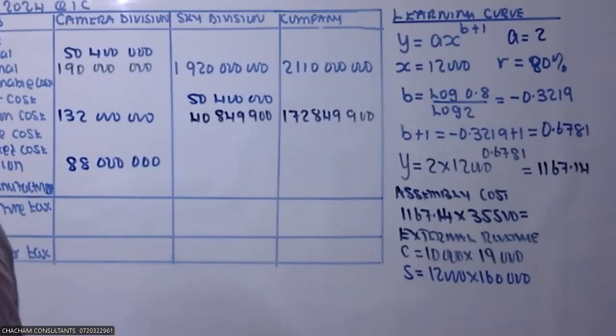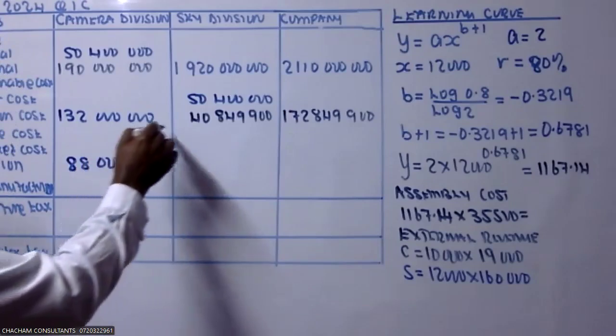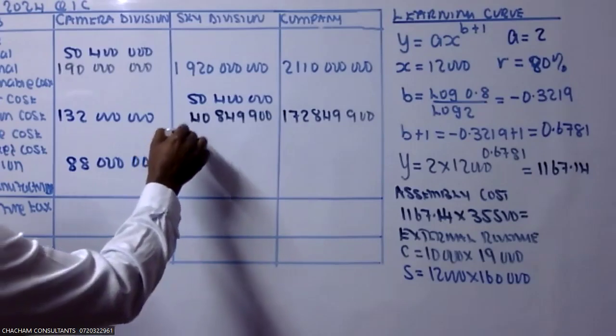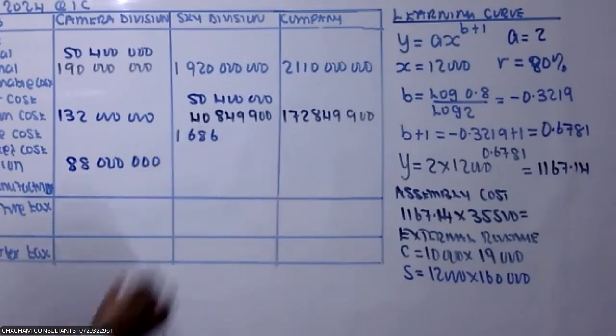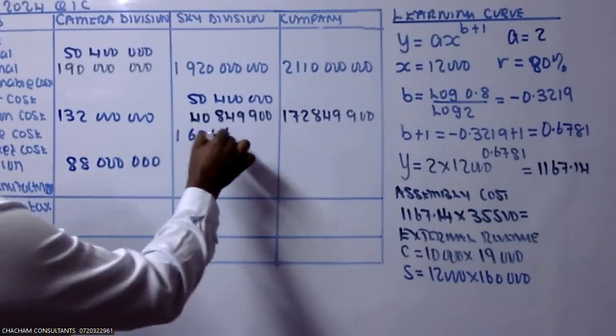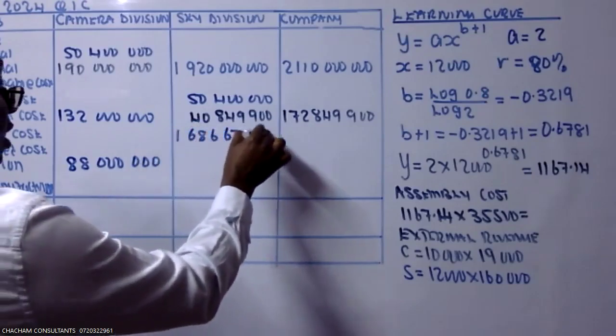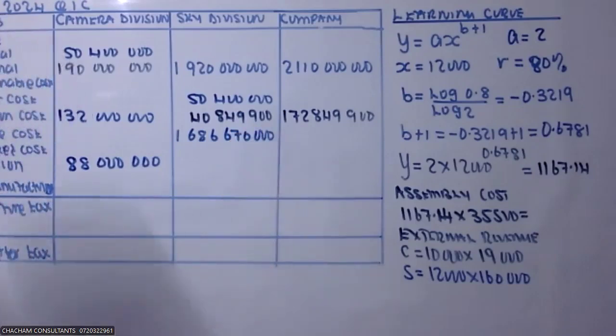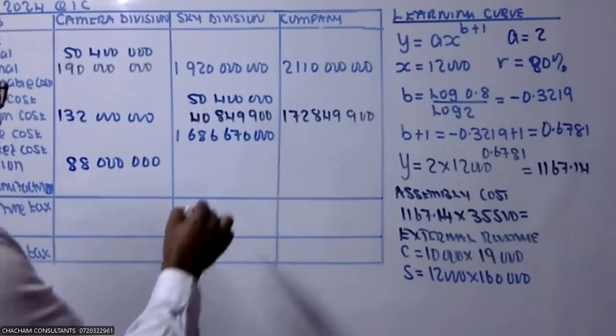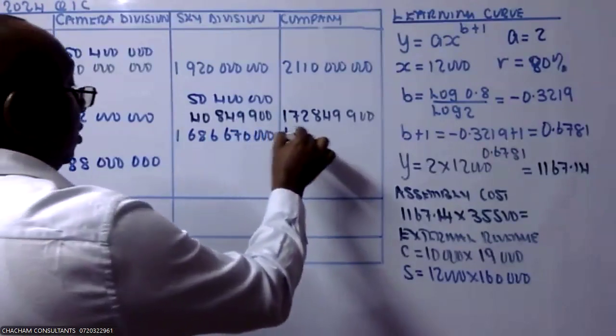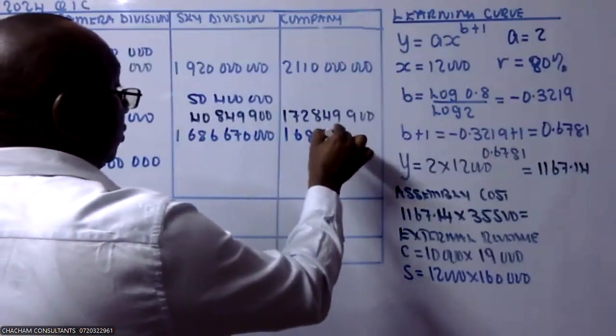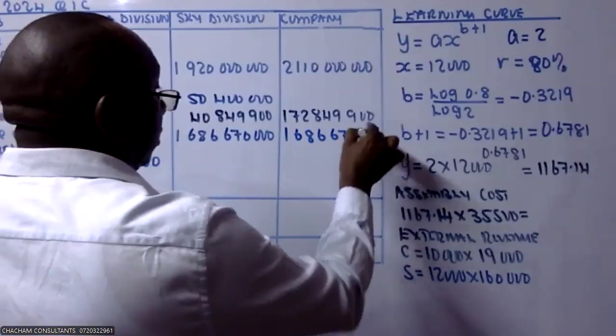Total outsourcing, that is the purchase cost, 1,686,670,000. And that one will find its way in the company here, 1,686,670,000.